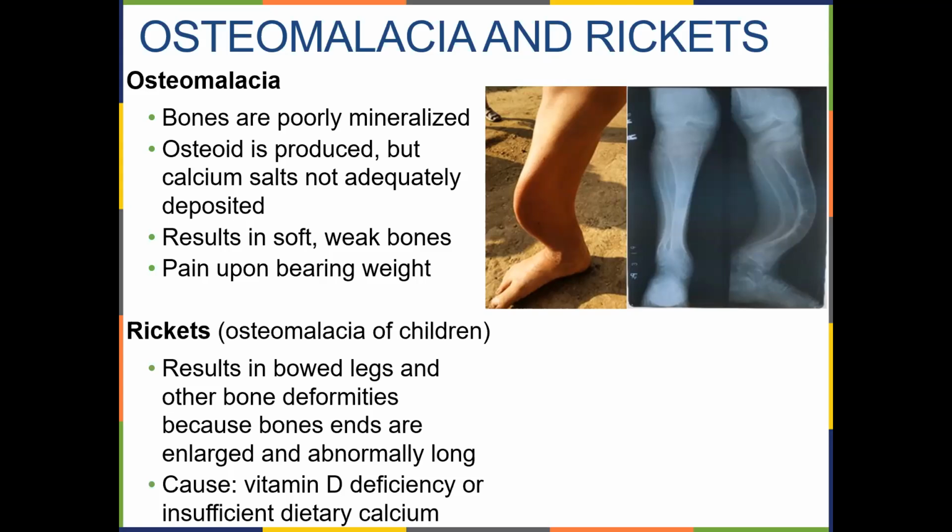This is caused by a lack of calcium or a lack of vitamin D, or both. Not very common in the US anymore. Other countries more so. But again, it's caused by a lack of vitamin D, a lack of calcium, or a combination of that.